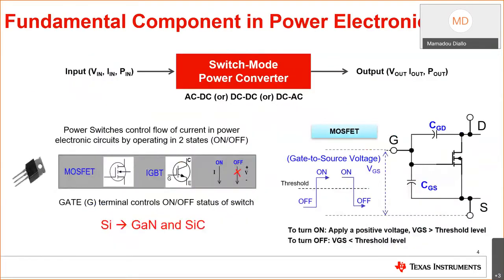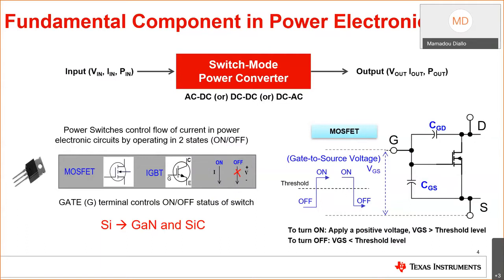And a quick background here, modern power electronics are dominated by switch mode power conversion. Commonly used devices for power switching are MOSFETs and IGBTs, and these have two states, on and off, controlled by a gate terminal. The gate terminal controls the on and off state of the transistor. VGS equals voltage between gate and source.